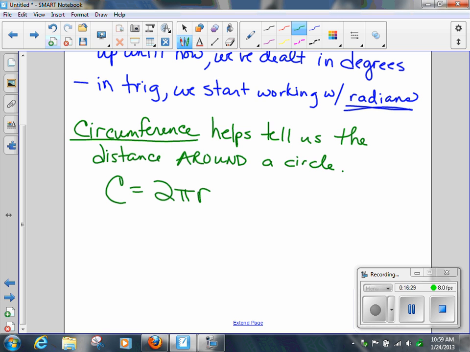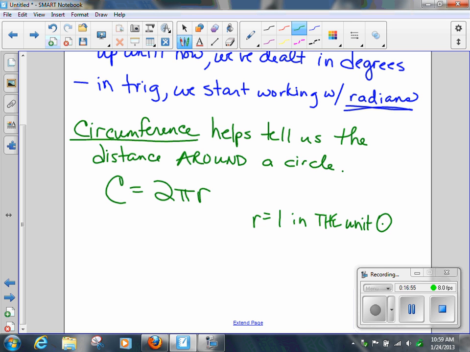We're talking about the unit circle, that special unit circle. What did we know about the unit circle that might help us in this formula? The radius is 1. R is 1 in the unit circle.